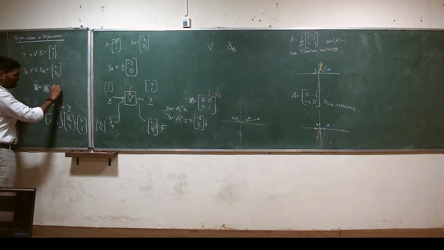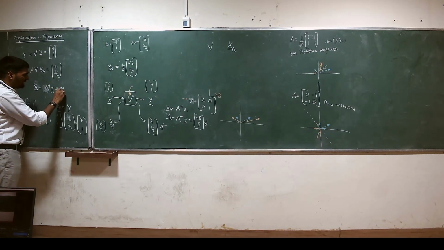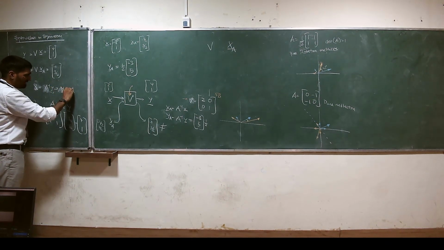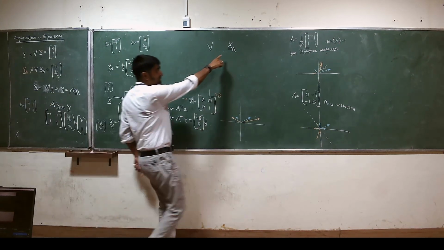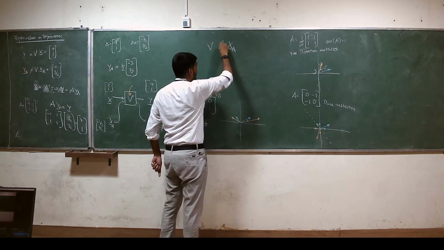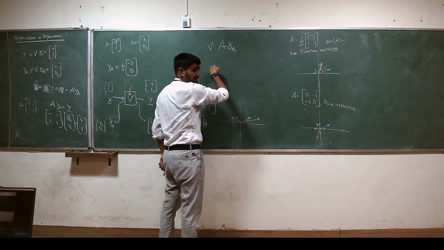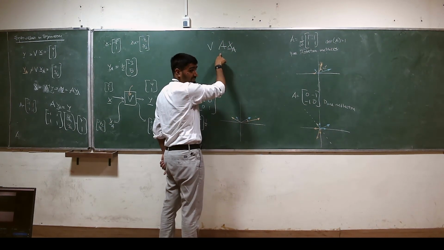So Y equals A Xa. You take this and multiply it by A. Now what you get out after this operation is in the standard basis.